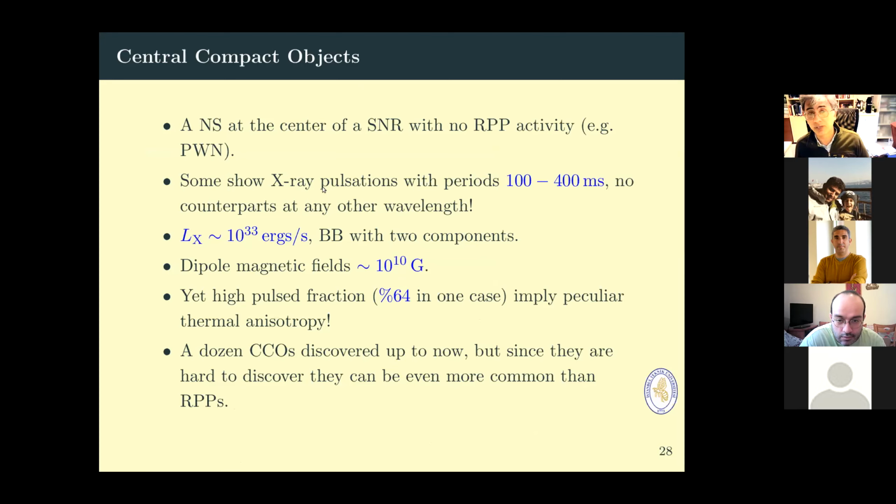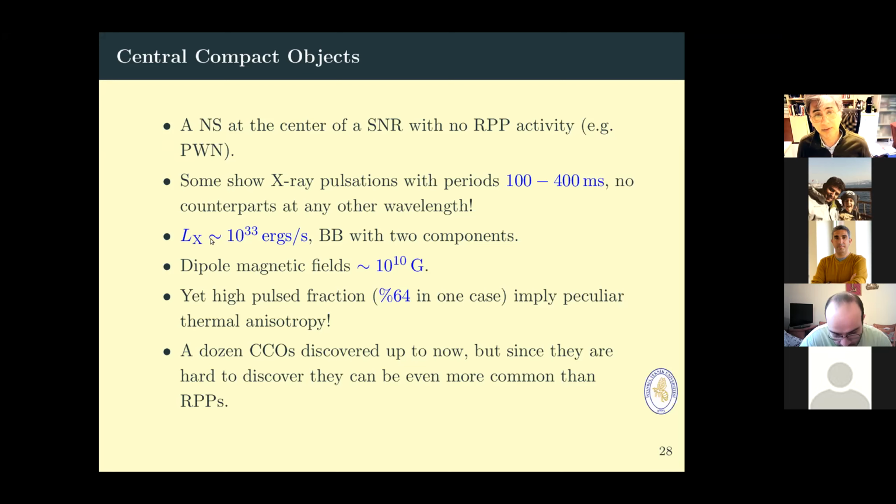Some of these objects show X-ray pulsations with periods of 100 to 400 milliseconds, but there are no counterparts at any other wavelength than the X-rays.